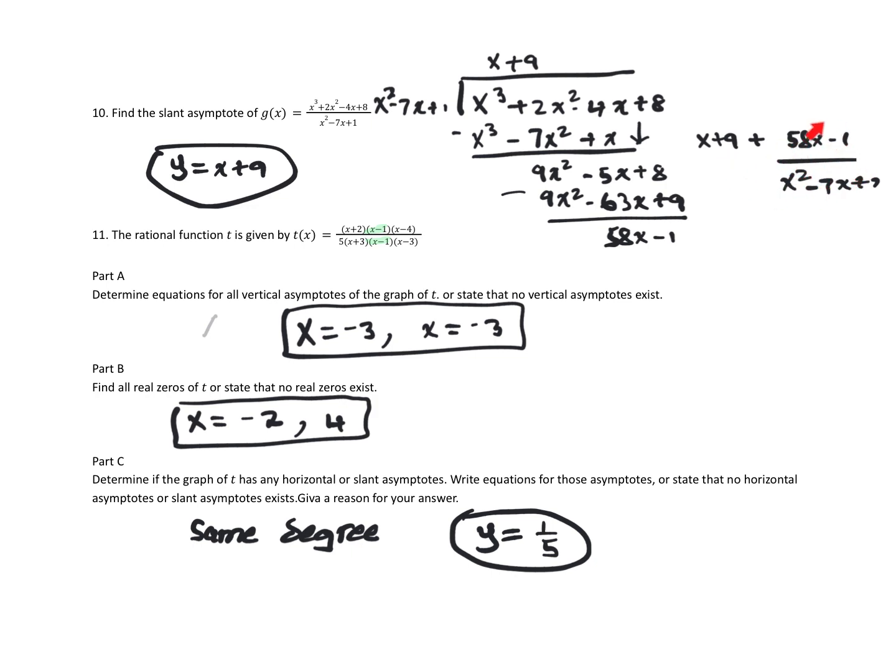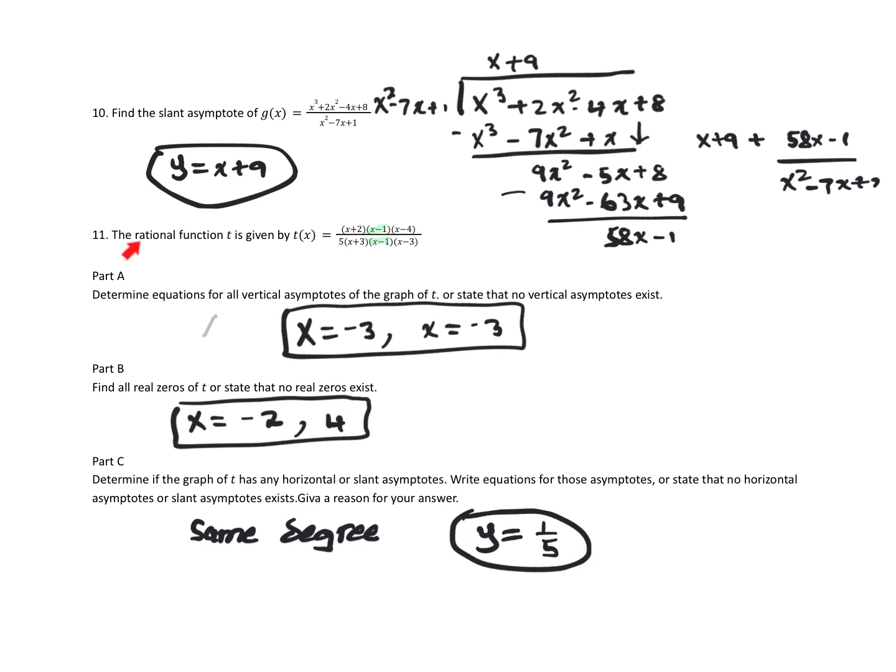But if you think about this remainder, for large values of x, because the dominating term is in the denominator, this will become very close to 0. So that means this function is going to behave like this line. So this is the slant asymptote, y equals x plus 9. I wrote it as an equation of a line.